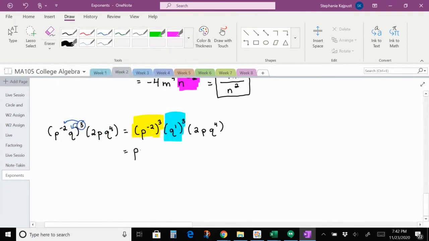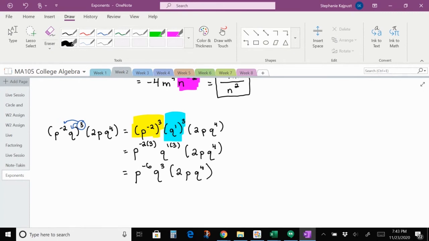So that is multiplying, and I'm going to just show every step here by writing the multiplication, just to help you remember. And then I'm not doing anything on this 2p q to the 4th yet. So when I multiply on the p, negative 2 times 3 gives me negative 6. And on the q, I have 1 times 3, which is 3. And then I have this 2p q to the 4th.